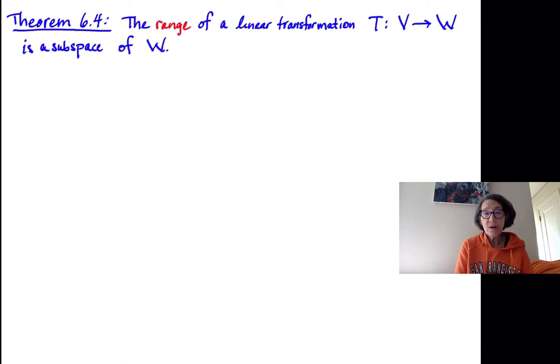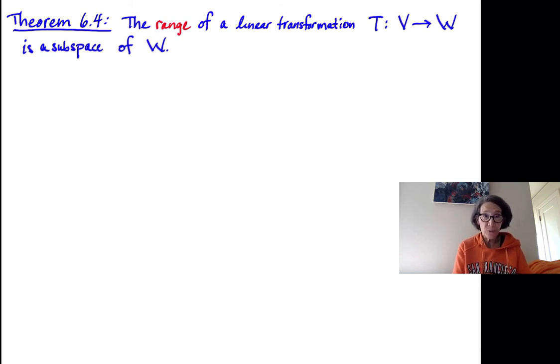And then using the properties of linear transformations, that it preserves vector addition and preserves scalar multiplication, you can prove that the range is closed under vector addition and closed under scalar multiplication.